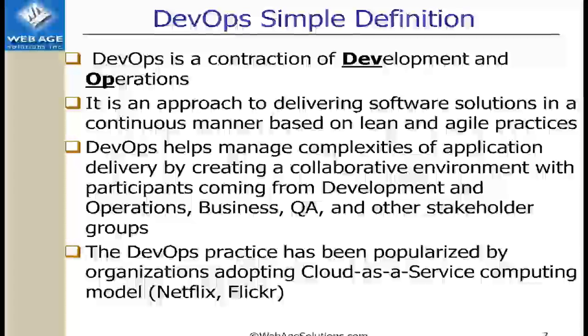DevOps practice in its present form has been popularized by those companies which have their business based on the cloud, such as Netflix, Flickr, and they have realized the potential of modern technologies such as cloud, maybe containerization tools, which we are going to talk about shortly, and some of the infrastructure as code models that, when joined together, create a new sort of holistic view of software as a product.